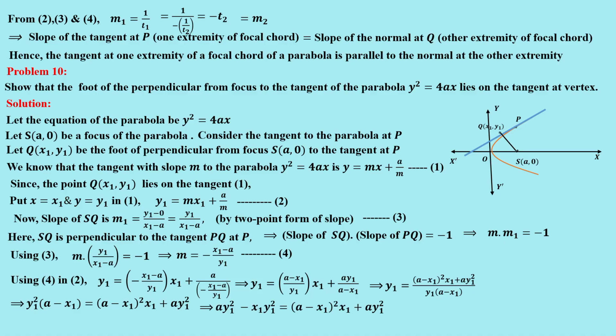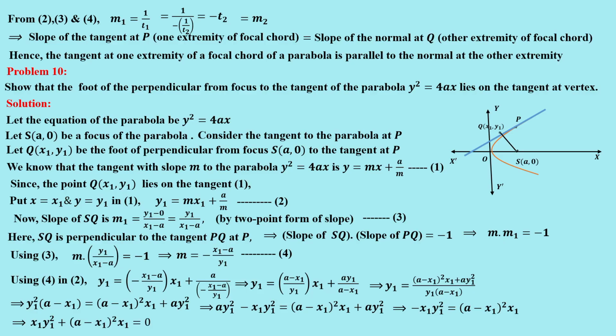Multiplying out the left hand side, a y1 square minus x1 y1 square is equal to (a minus x1) square into x1 plus a y1 square. The a y1 square on both sides of the equality gets cancelled. So remaining is minus x1 y1 square, which is equal to (a minus x1) square into x1.